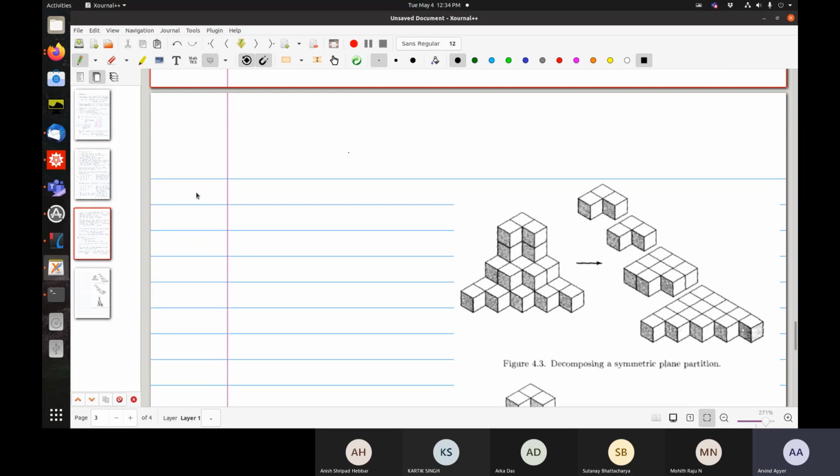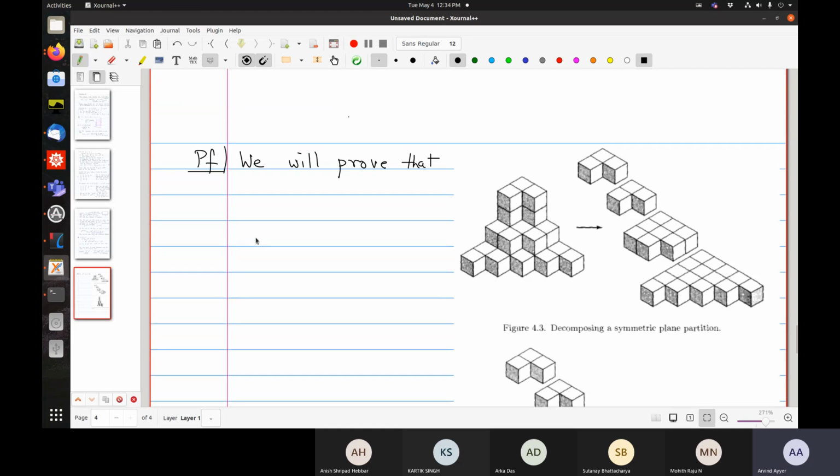of the proof. So proof. We will prove a bijective statement. Let me write it in short.